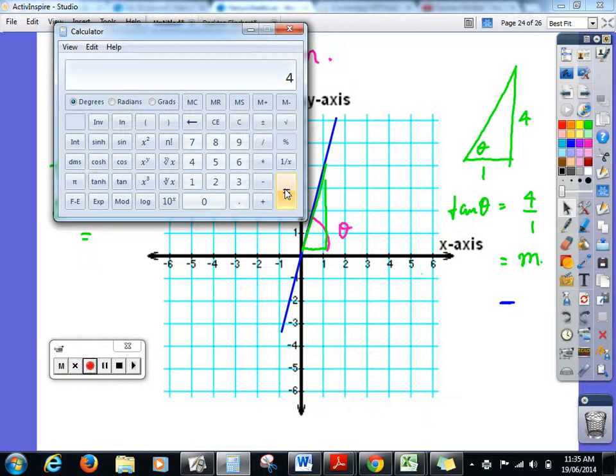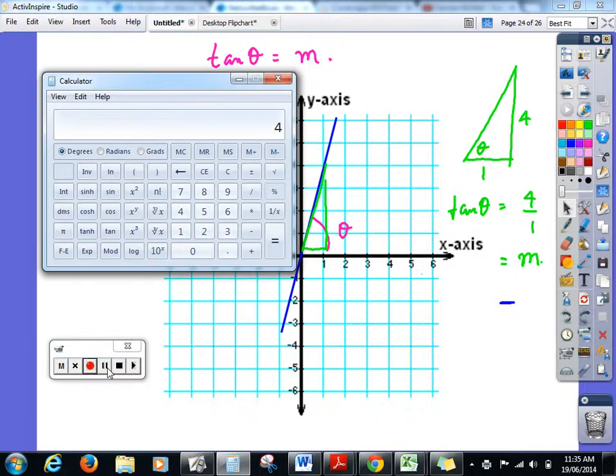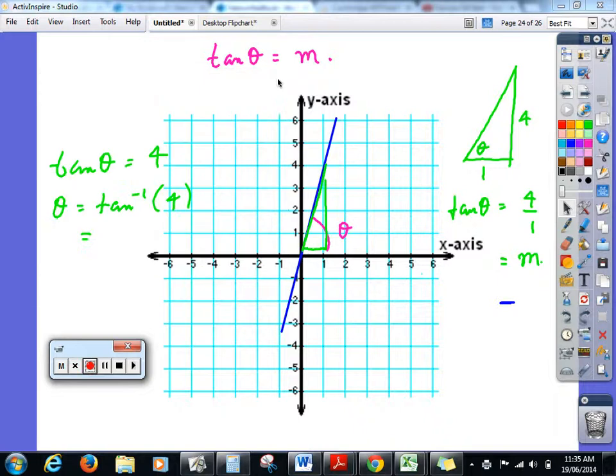These ones don't work, so I'm pausing while I try to work out how to use this online calculator. Yep, made it work. It equals 76 degrees. It's actually very close to 76, it's 75.9. So it equals 76 degrees, to the nearest decimal place.